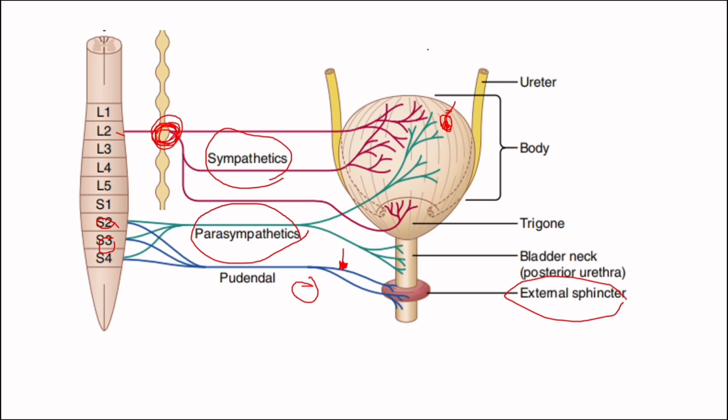So the maximum capacity your bladder can hold is about 500 mils of what? Of fluid. Okay, so you start to feel the sensation of wanting to urinate when your bladder is around 300 mils of what? Yeah, 300 mils of urine.